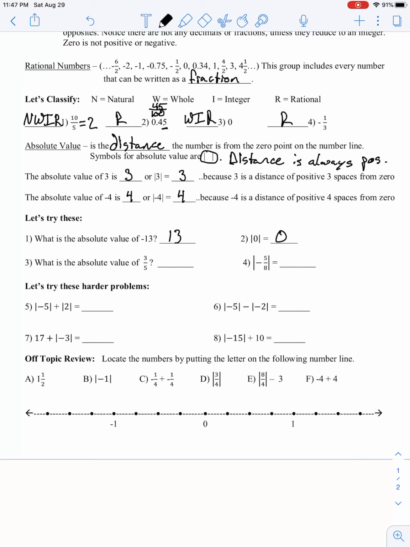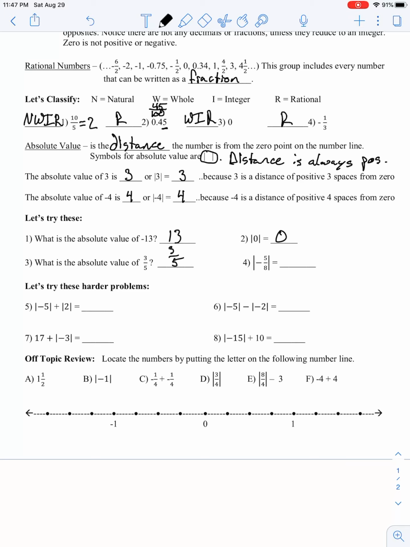So we're not only going to see absolute values with whole numbers or integers, we can also have absolute values of rational numbers, anything that can be written as a fraction. So the absolute value of 3/5, since it is 3/5 of a unit away from 0 on the number line, will be just itself, 3/5.